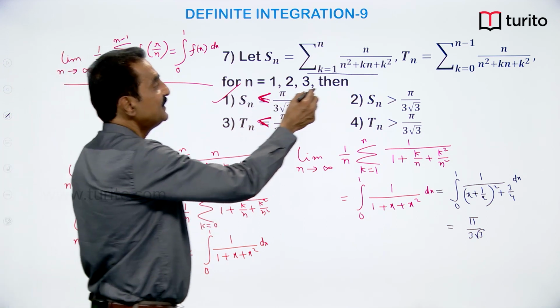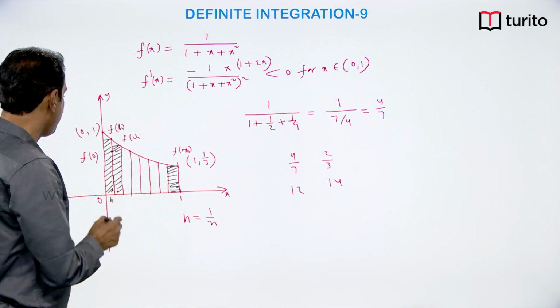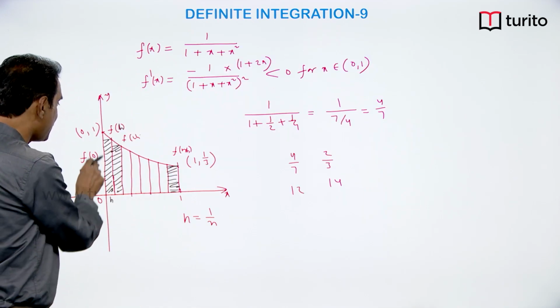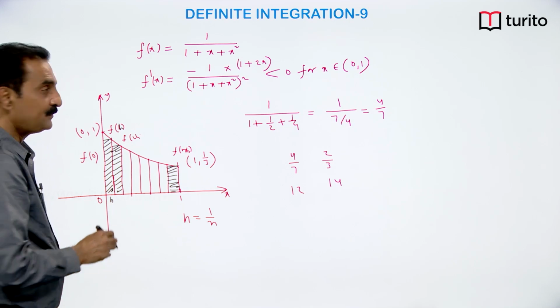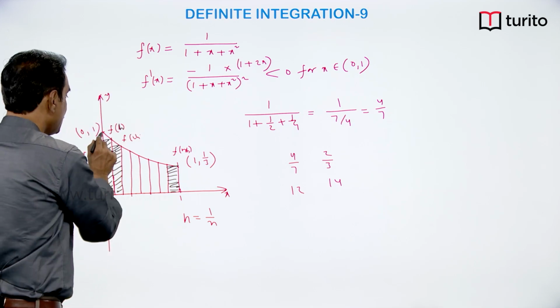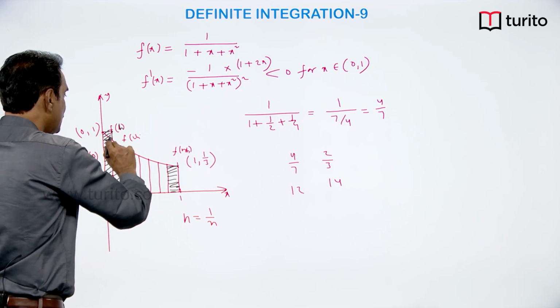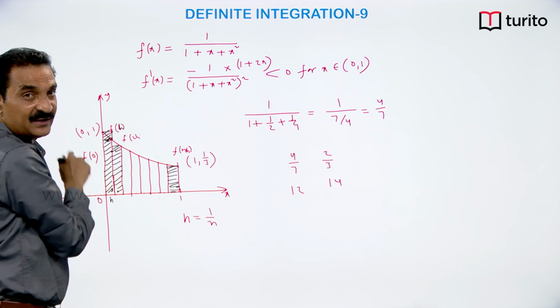Now, let us check for Tn. In Tn, you are taking k from 0 to n. If you take k from 0 to n, you will first take f of 0. F of 0 into h, first ordinate into h, will be this area. You are getting some more extra area.